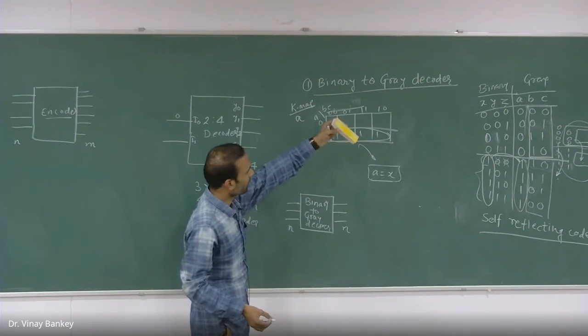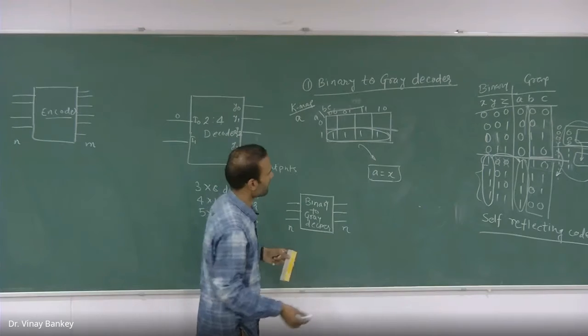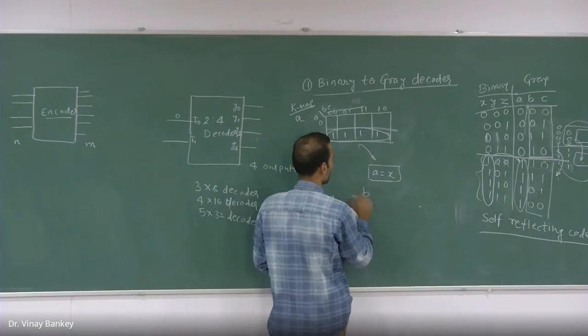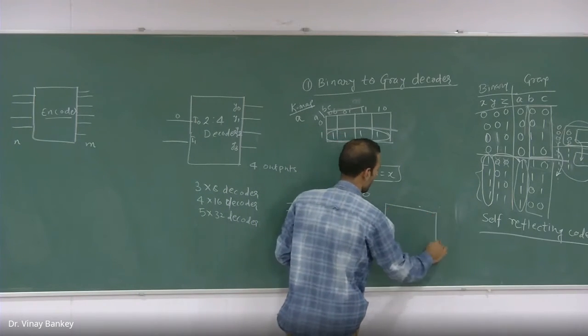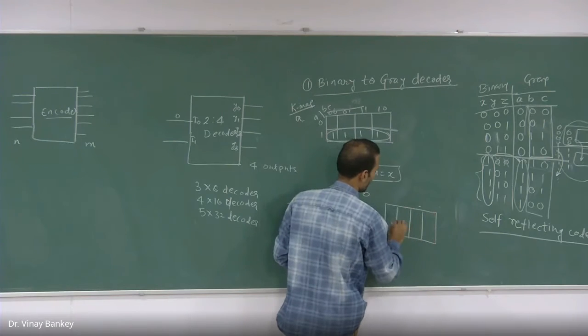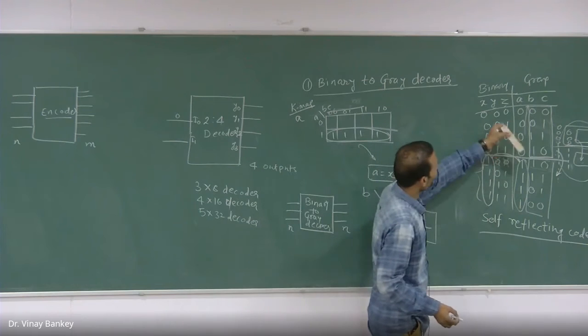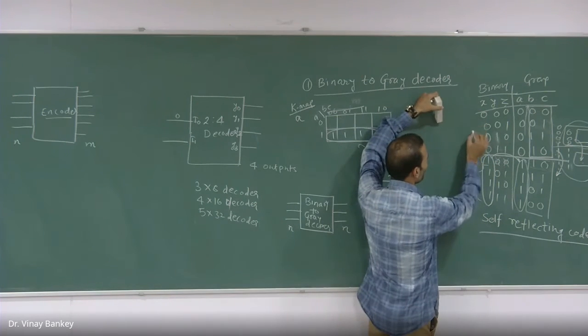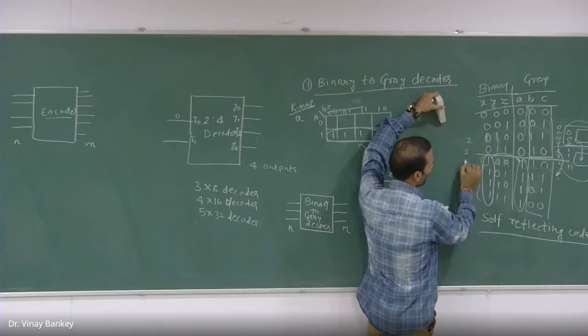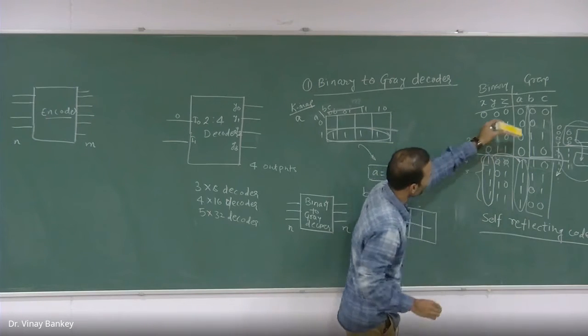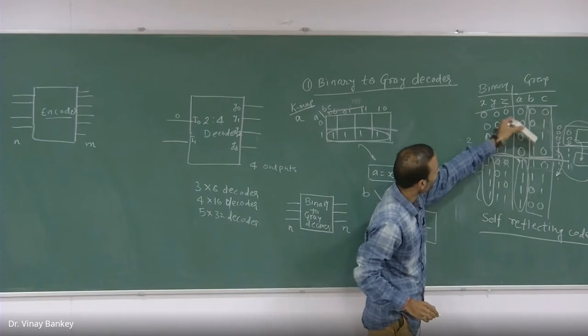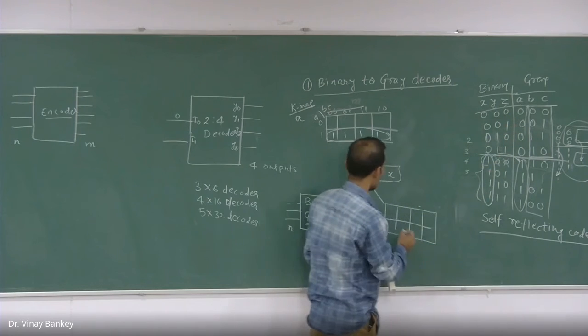Now write the KMap for B. So B is high for minterms 2, 3, 4, and 5.